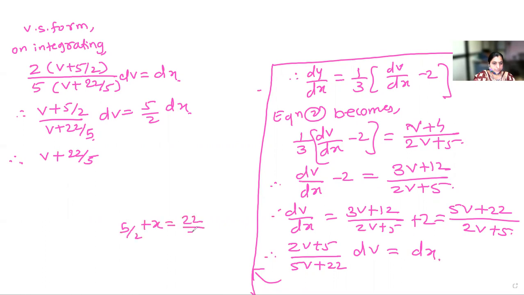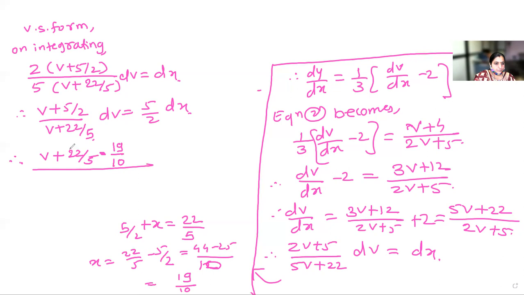It becomes 22 divided by 5 minus 5 by 2. If we take cross multiplication, 44 minus 25 divided by 10. How much do we get here? 19 by 10. So here I will write minus 19 by 10.